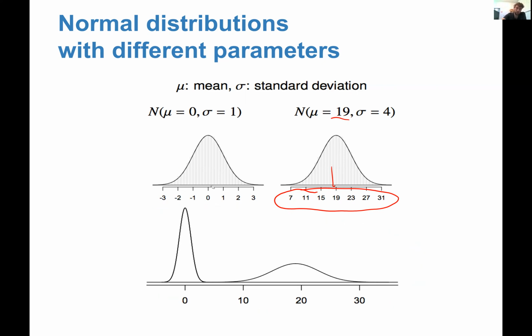Here's each of them zoomed in a particular way, and then here's each of them in the same graph. Both of these, the normal distribution always has the area under the curve equal to 1 because it's the probability distribution.